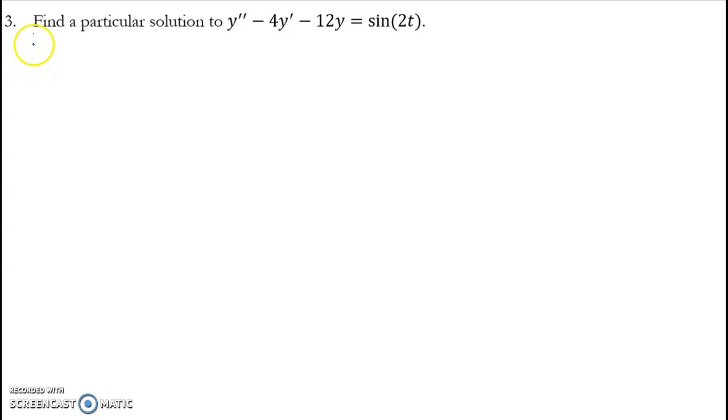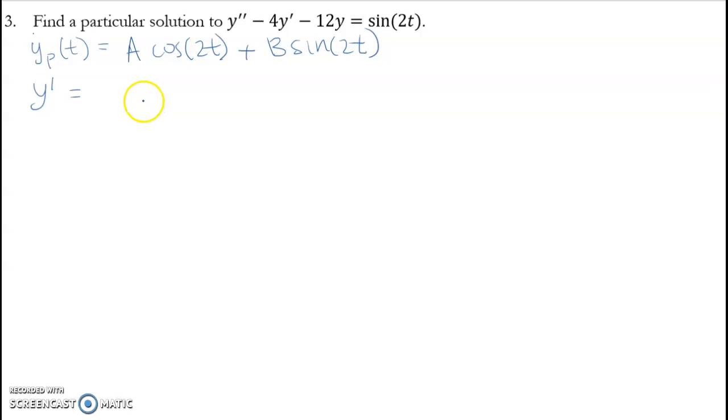This time, my guess for the particular solution of t is going to take the form a times cosine of 2t plus b times sine of 2t. Again, I've added the cosine term in addition to the sine, and each of the terms will have coefficients a and b.